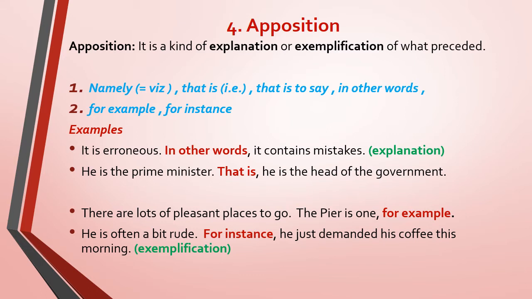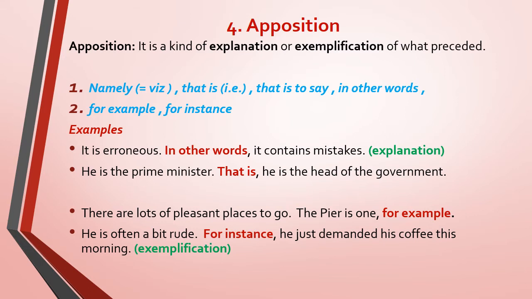Now we take the second pair where we have an example. There are lots of pleasant places to go. This is a statement, and the second statement is an example of it. The pier is one, for example. Notice that I have used the transitional expression, the conjunct, for example, at the end.